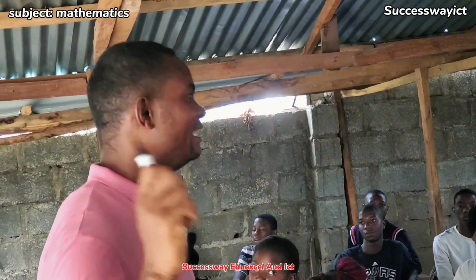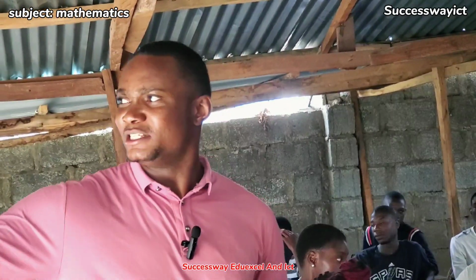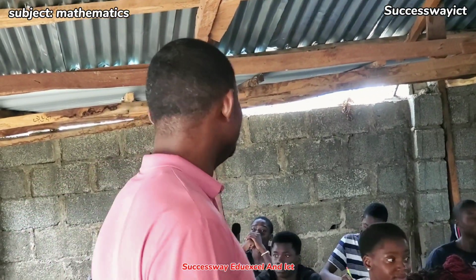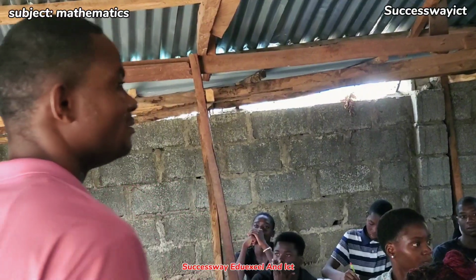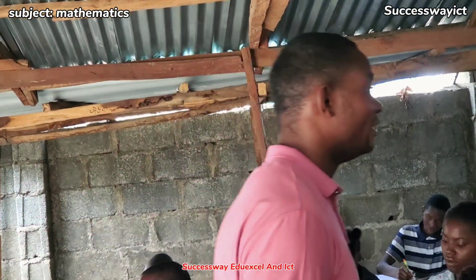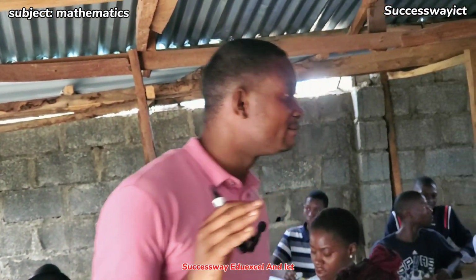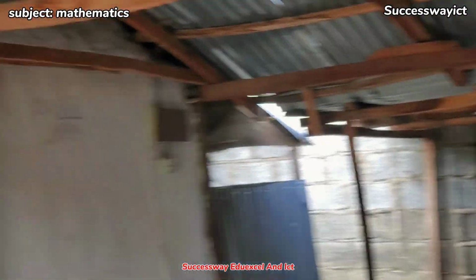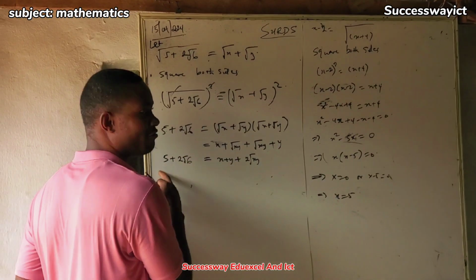So who can identify intelligently any uniqueness or any similarity in this equation? You said what? X plus y equal 5.